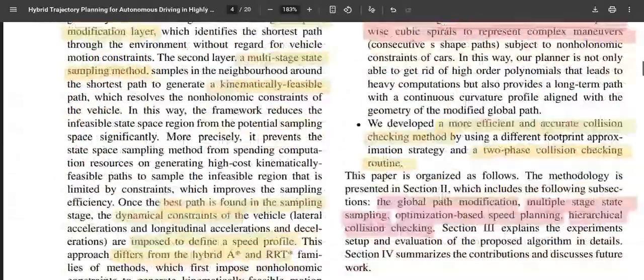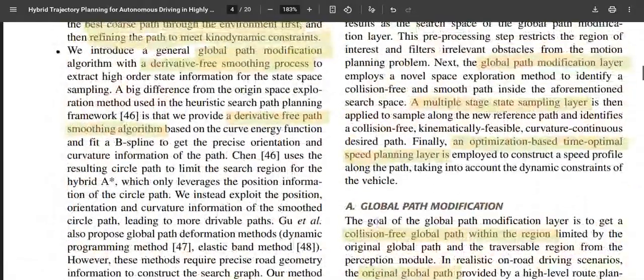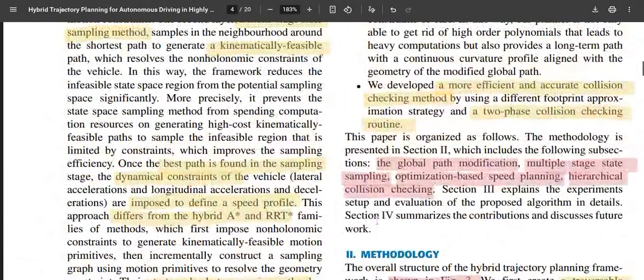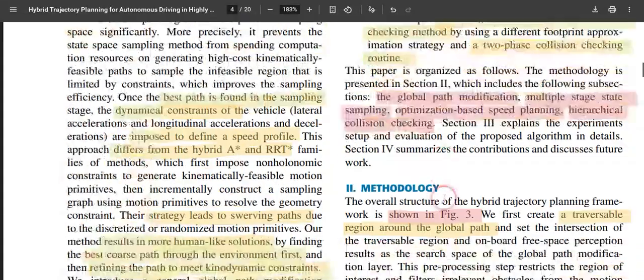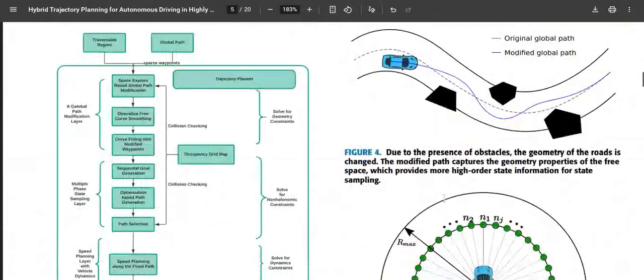So these are the things they have given in an itemized manner. The four that we have highlighted here are path modifications, multi-stage state sampling, optimization-based speed planning, and hierarchical collision checking. This methodology is given in Figure 3.